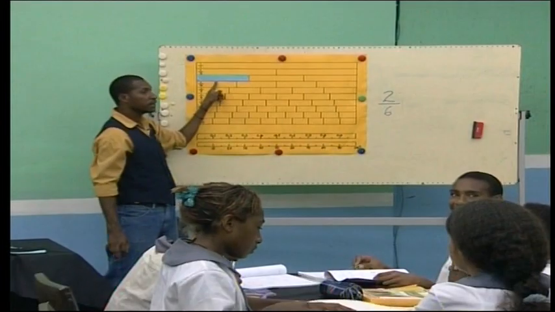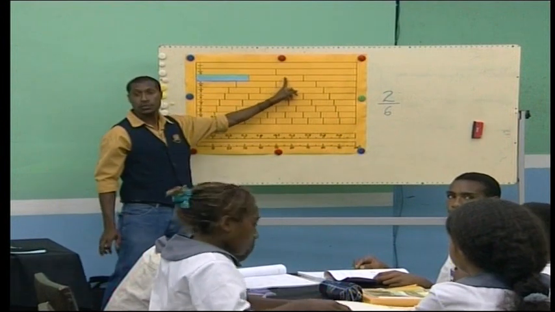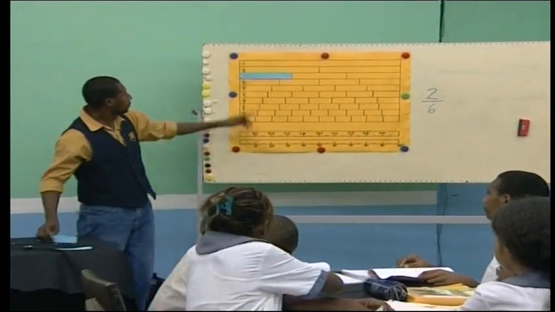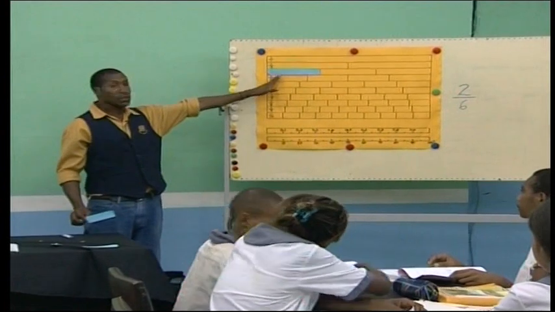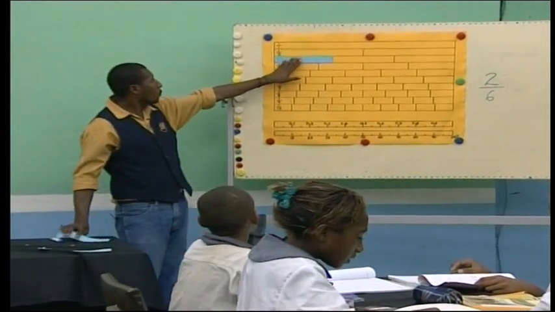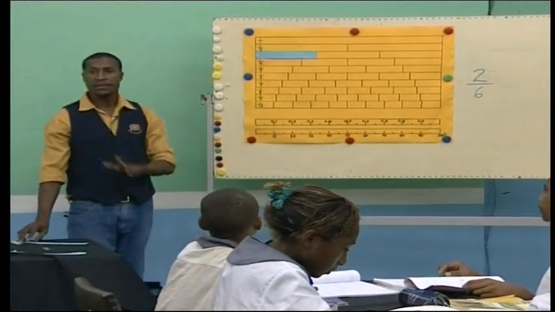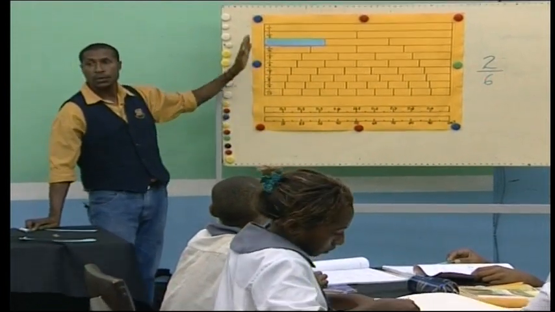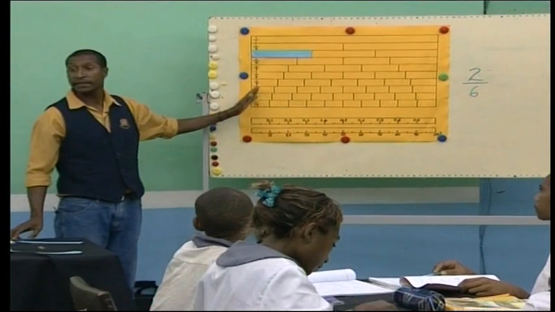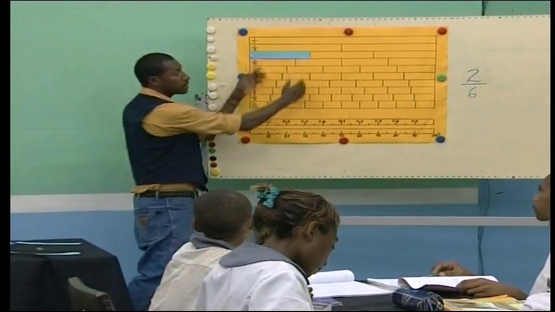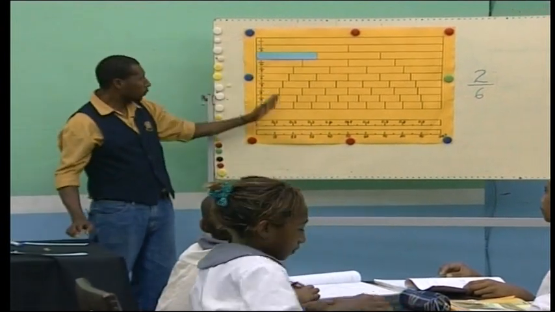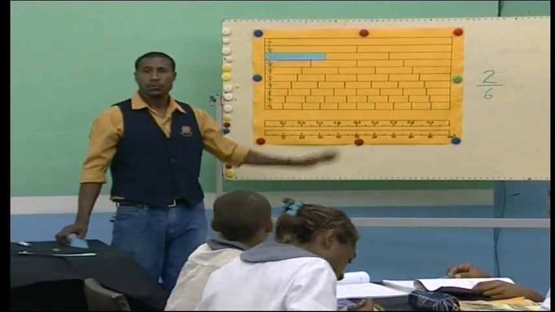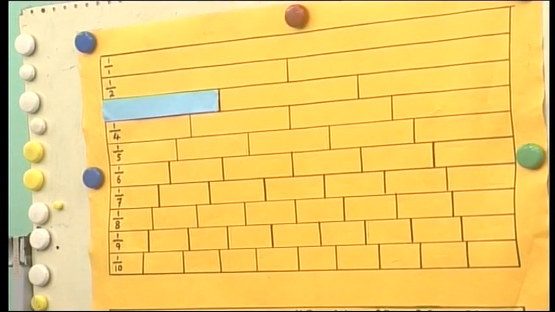So this is 1/3. Then this will be 2/3. Now, looking at this 1/3 here, can you identify from this fraction wall a fraction which has the same length as 1/3? Which other fractions have the same length as 1/3?